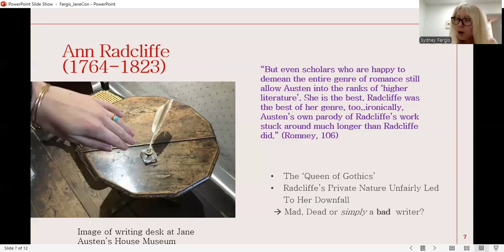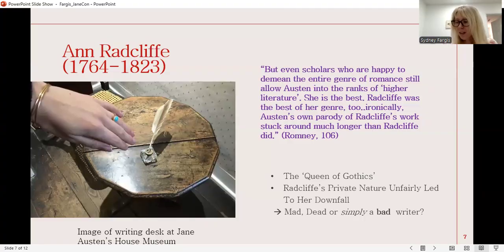Radcliffe was superb at getting the atmospheric backdrop for her horror writing just right. The Mysteries of Udolpho, arguably her most famous work, was a masterful depiction of architectural terror, the epitome of slow burn writing. This novel created an entire marketplace for Gothic fiction.